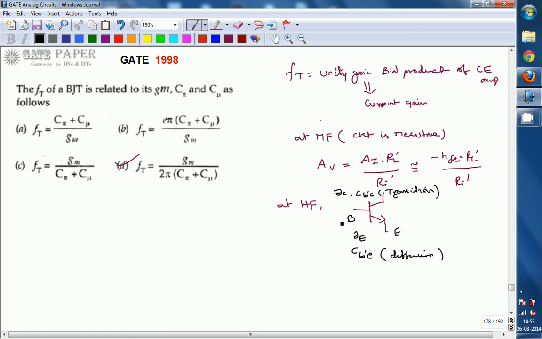So even though they are junctions, these two behave as capacitors at high frequencies, and they are called internal capacitances. CB dash C is also indicated as CC or C mu, whereas CB dash E is indicated as CE, also indicated as C pi.